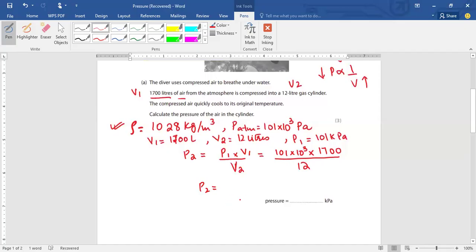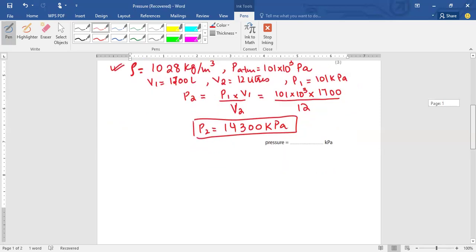If you write it in kilopascal, it is going to be 1.43 times 10 to the power of 4. So we can write it in this way, 143,080 kilopascal. You can check it out. Is it done? So I can move on.